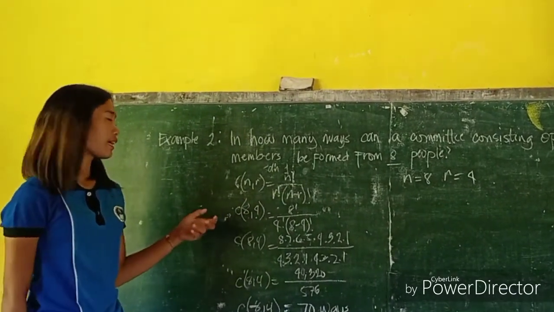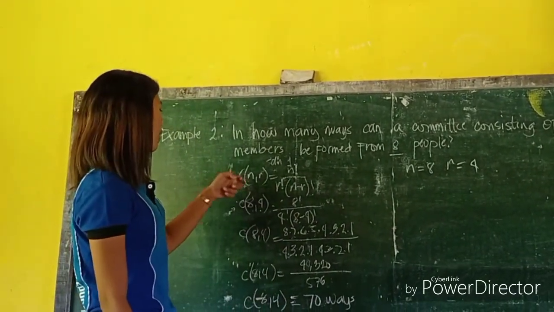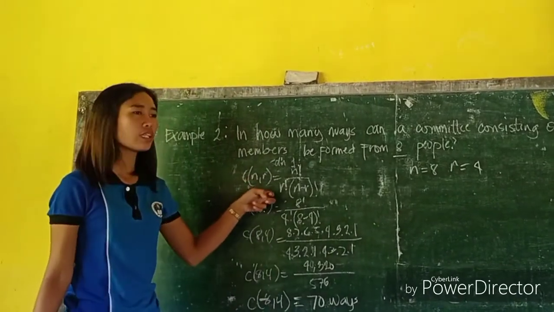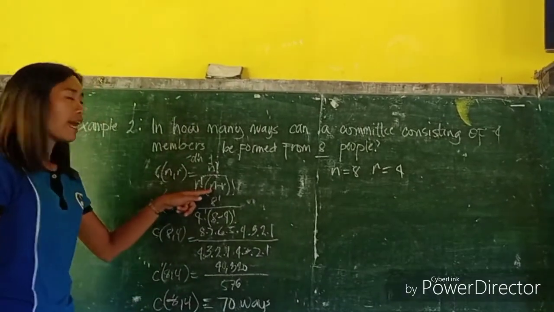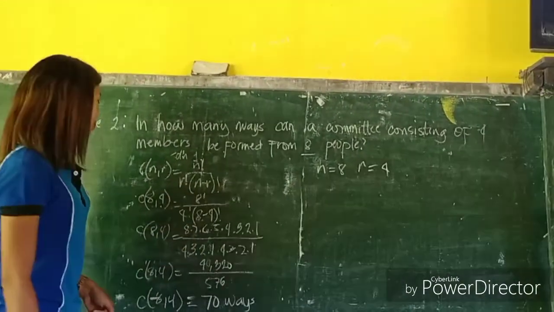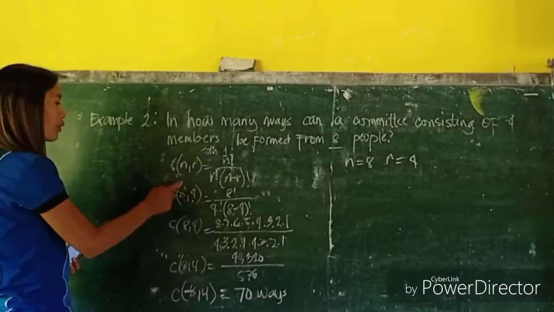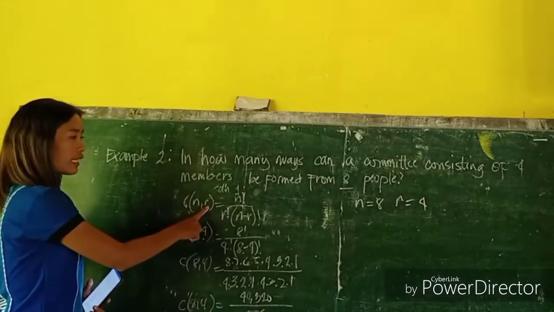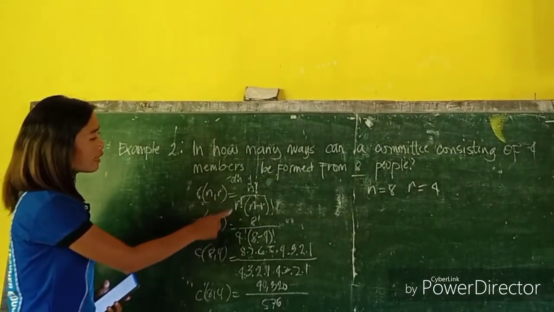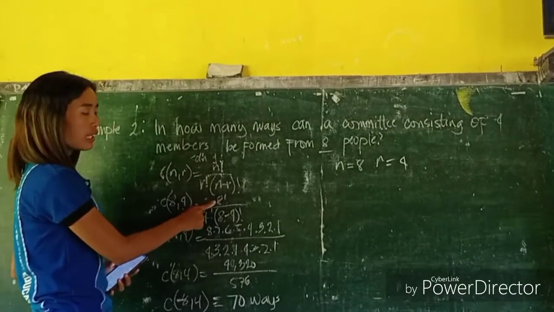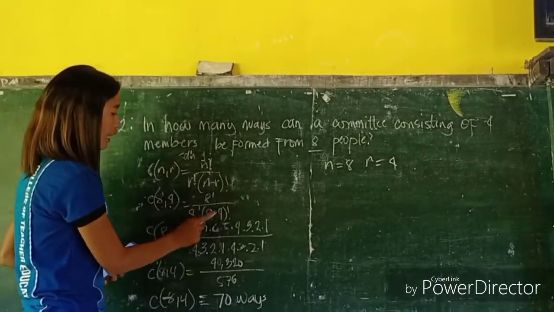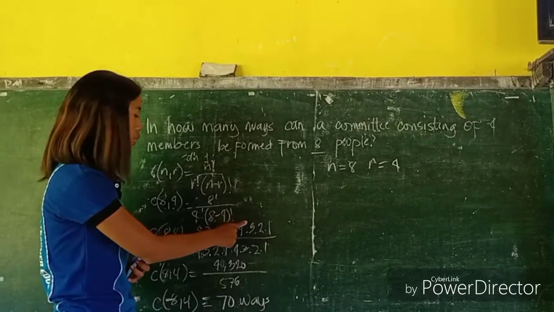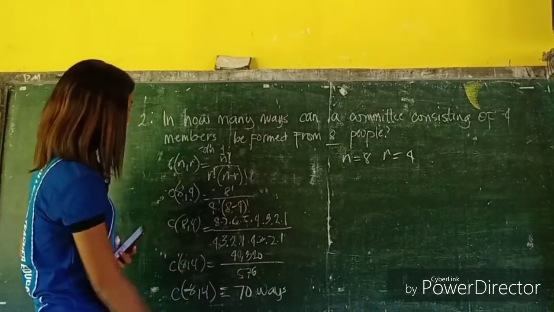Our formula is C of n, r is equal to n factorial over r factorial times n minus r factorial. So, our n is 8 and our r is 4. Then we substitute: 8 factorial over 4 factorial times 8 minus 4 factorial. So 8 minus 4 is 4.